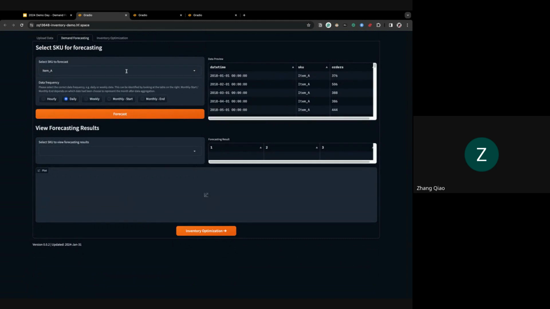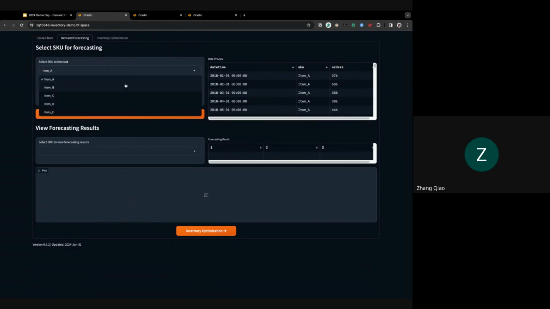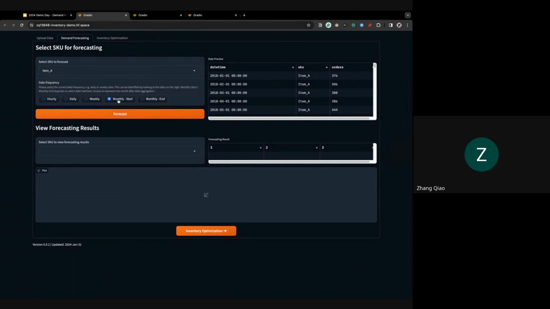For demo purposes, the forecasting is made item by item, or SKU by SKU. The input data can be quite flexible. If it's collected hourly or daily, we can certainly select a different frequency. But at this moment, we are going to use monthly, since this is how the data was collected.